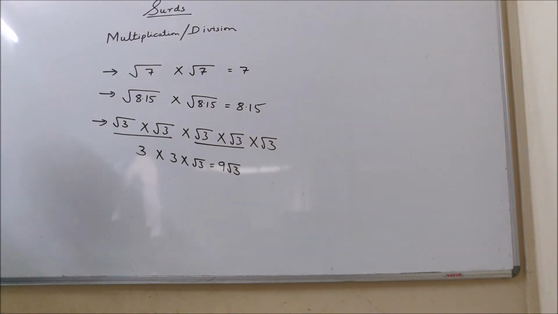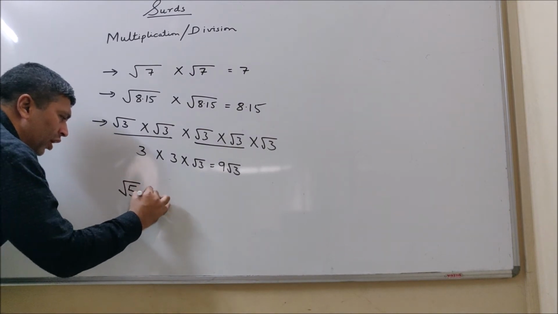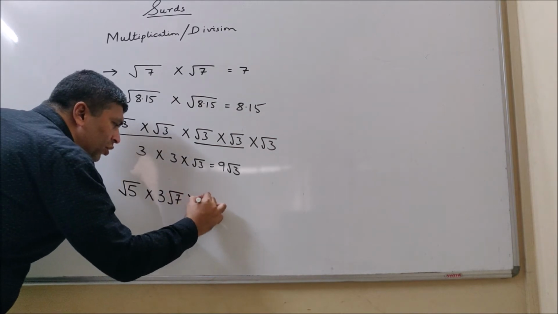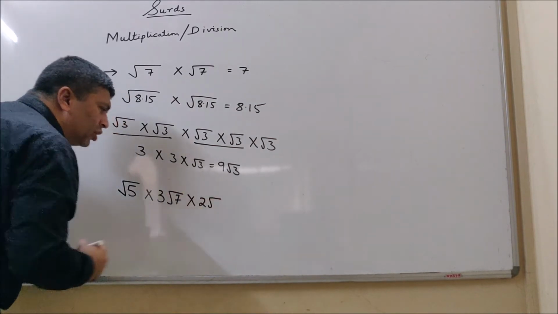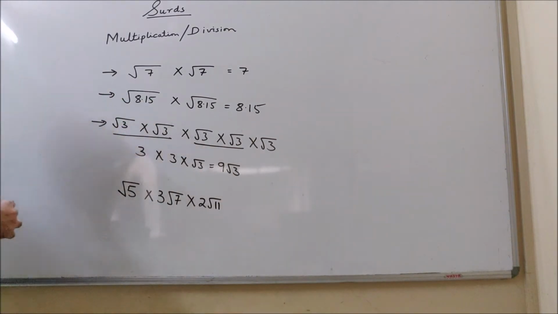Now, let's take two different surds. Root 5 into 3 root 7 into 2 root 11.